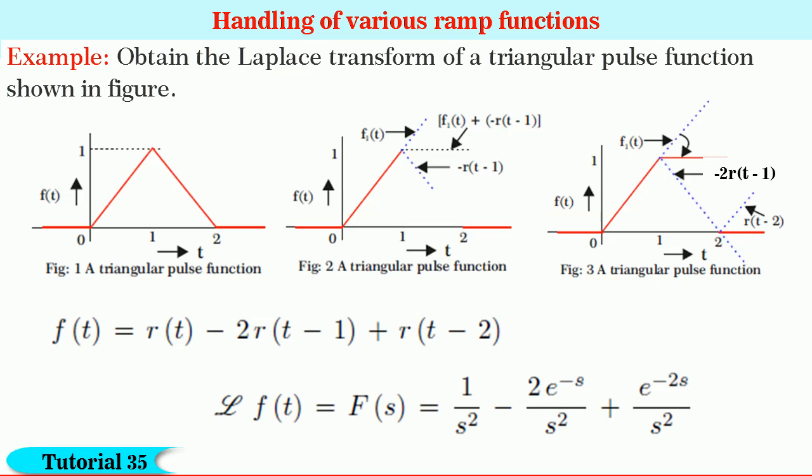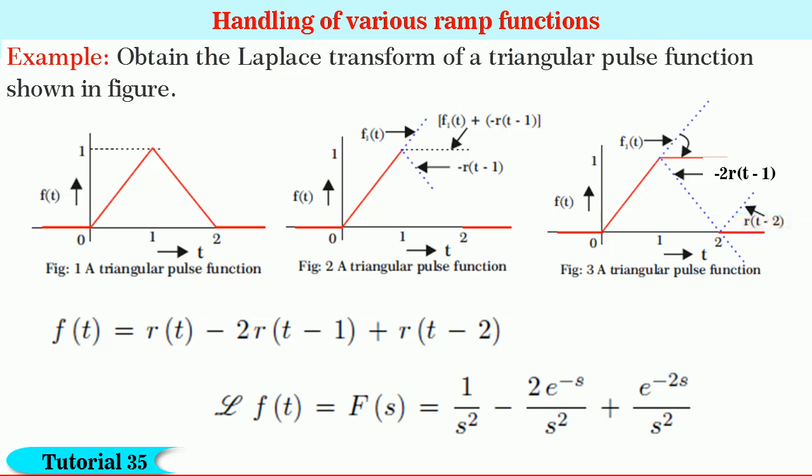Note that. But the given function is 0 after t is equal to 2 seconds. So, we have to add a positive unit ramp at t is equal to 2 seconds. This positive ramp is r of t minus 2.